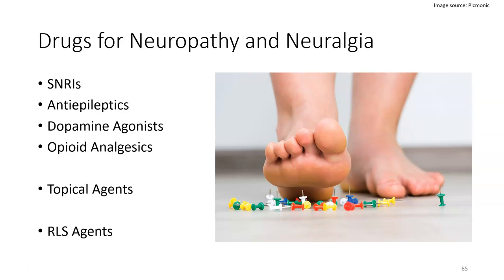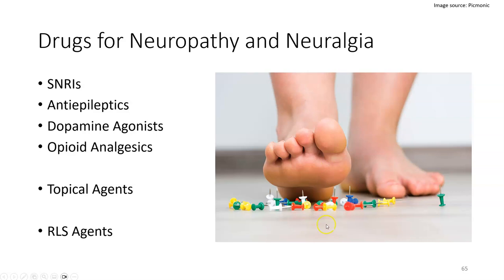We use neuralgia, nerve pain, or neuropathic pain as a descriptive, and they can be treated with a number of nervous system related drugs, including anti-anxiety agents, antidepressants, anticonvulsants, as well as topical anesthetics. And then RLS, which is restless leg syndrome, is in this because it causes kind of a pins and needle feeling.